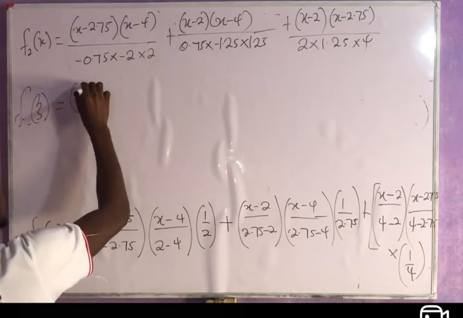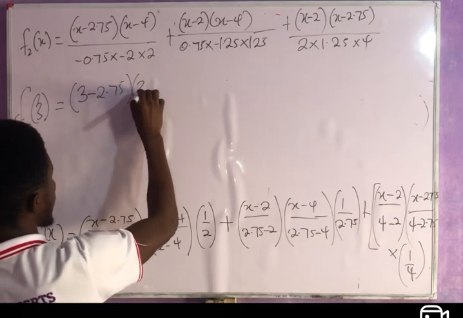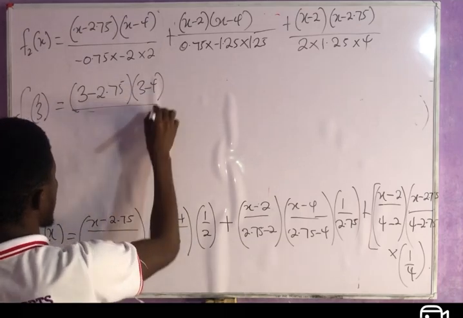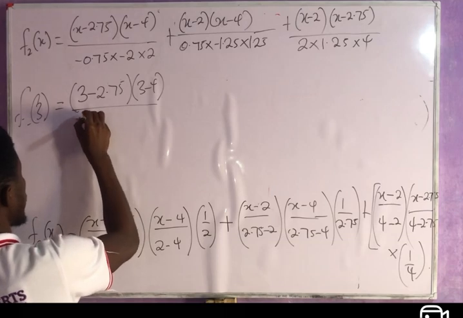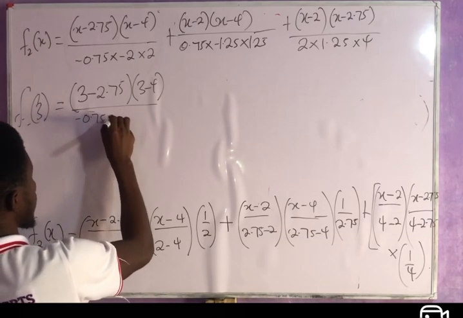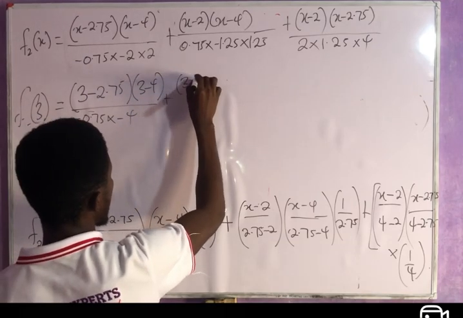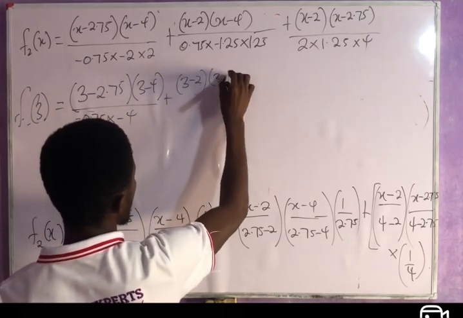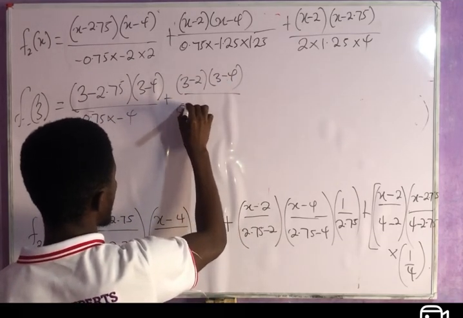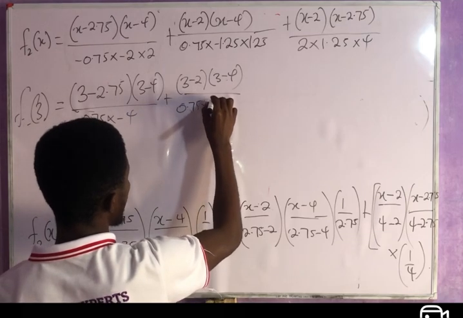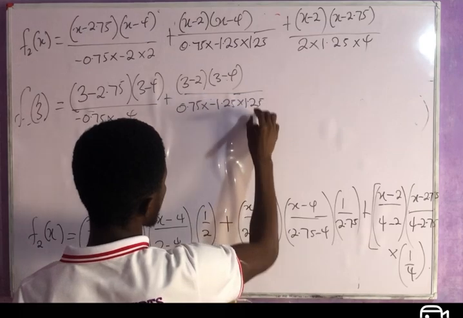So I have 3 minus 2.75 multiplying by 3 minus 4, and this one is dividing by negative 0.75 times negative 4, plus 3 minus 2, 3 minus 4, also dividing by 0.75 times negative 1.25 times 1.25.